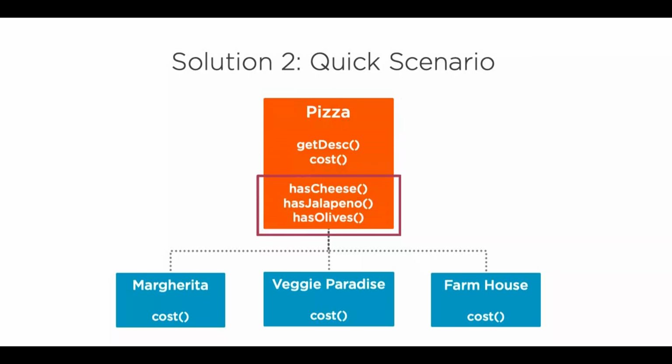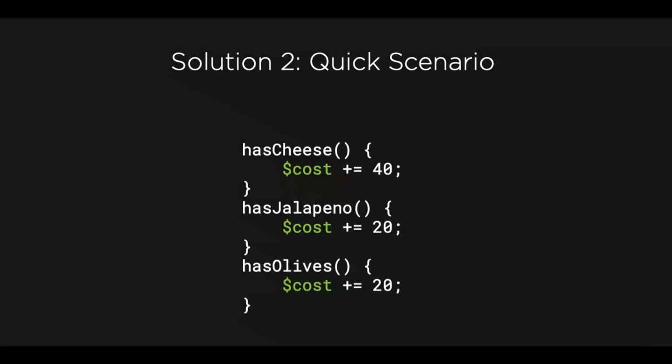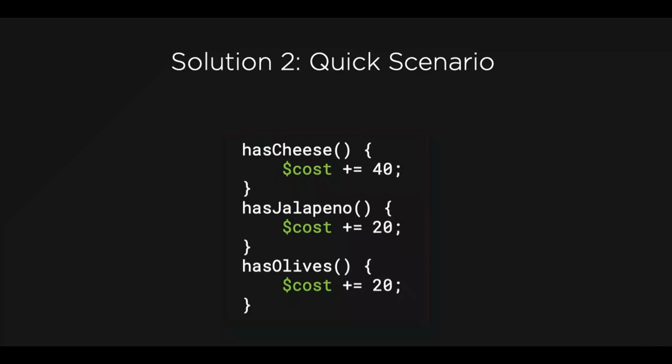We create additional subclasses, let's say Margherita with extra cheese, Margherita jalapeno, and Margherita olives. Now you might also add these variations to the Veggie Paradise as well as the Farmhouse pizza. Now this is going to create a lot of subclasses and a lot of code repetition. So this doesn't seem to be a good option.